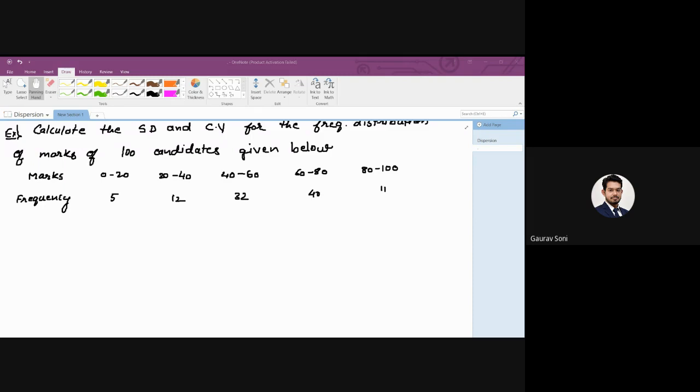Sir, sigma xi square by n minus sigma xi by n whole square.